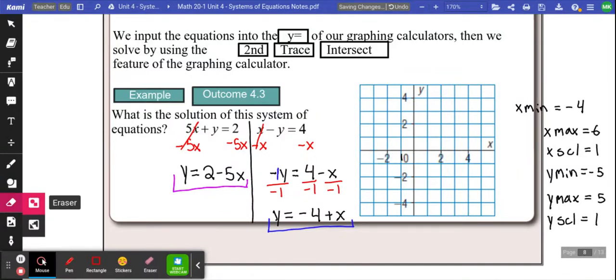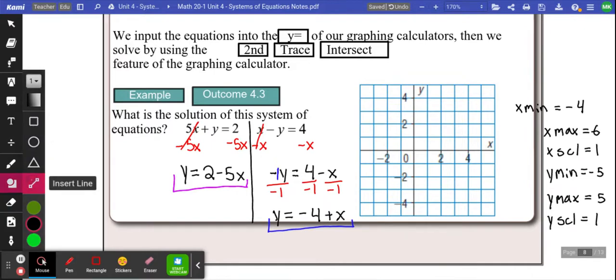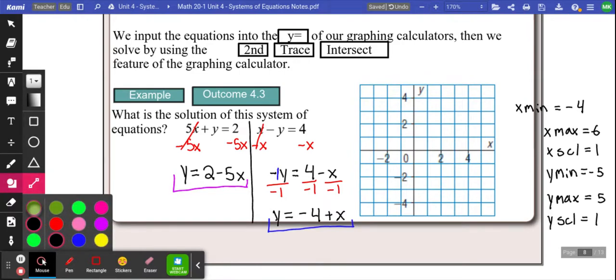Once you have put those into your y equals and set the proper window, if you hit graph, you should get 2 equations. I'll try to do them color-coded here so you can see. Oh no, how do I do this? There we go.